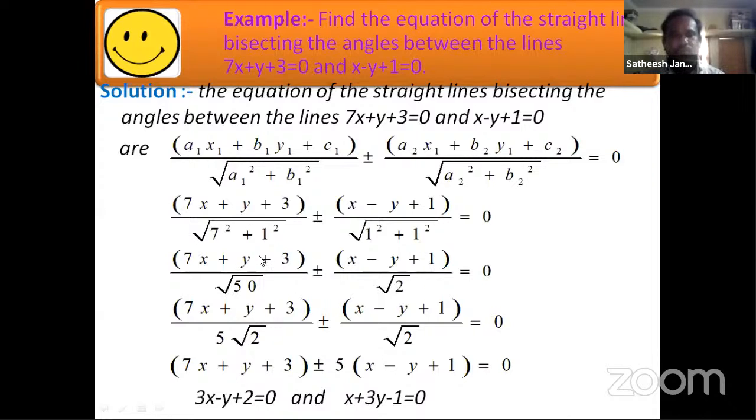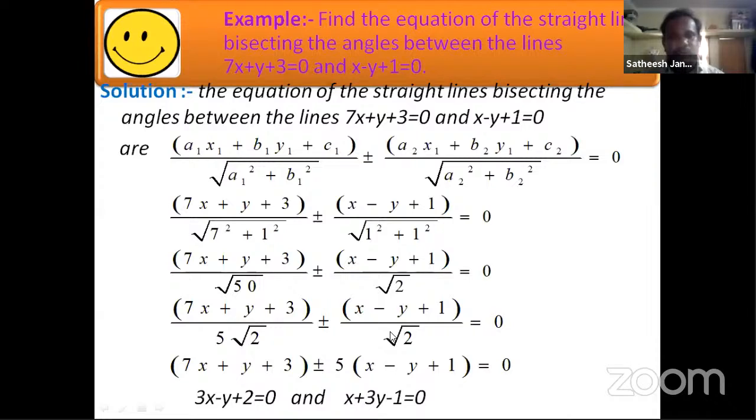So 7x plus y plus 3 by under root of 49 plus 1, that is root 50. Root 50 means 25 into 2, and the square root of 25 is 5. Okay, where the LCM is 5 root 2.